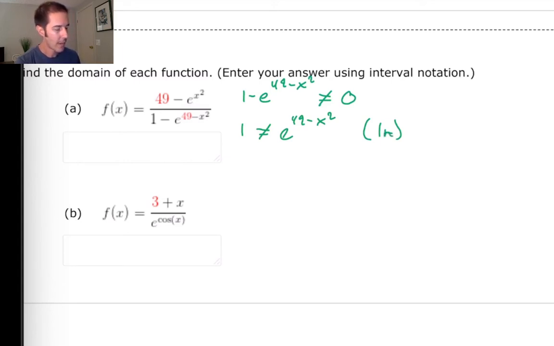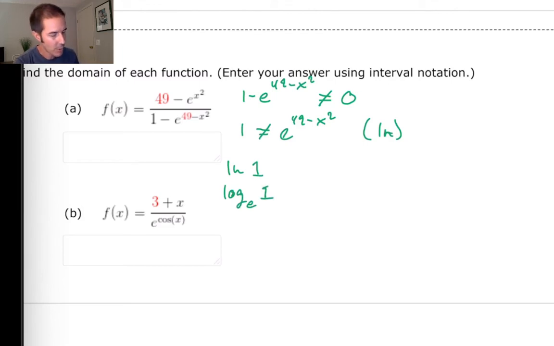What is the natural log of 1? Remember that the natural log of 1 is the same thing as saying log base e of 1.